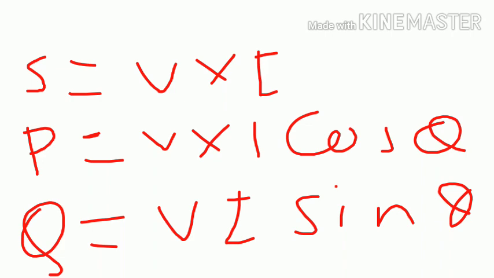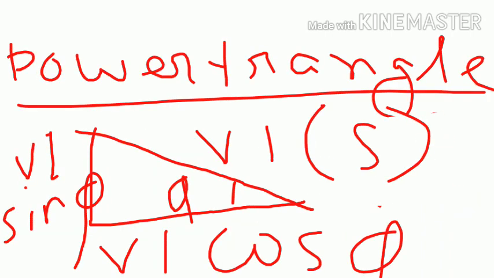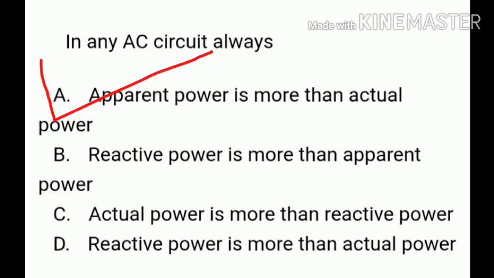From the power triangle we get the value of apparent power, active power and reactive power. Apparent power equals the root of active squared plus reactive squared. So the answer is option A: apparent power is always more than the actual power.